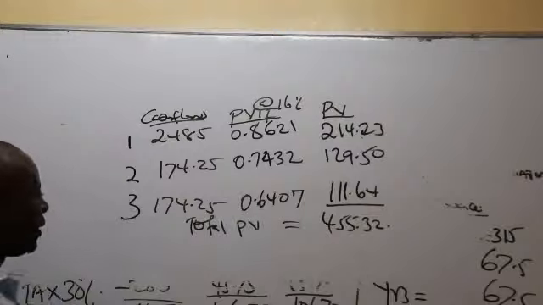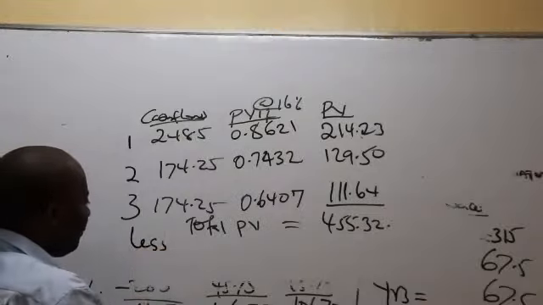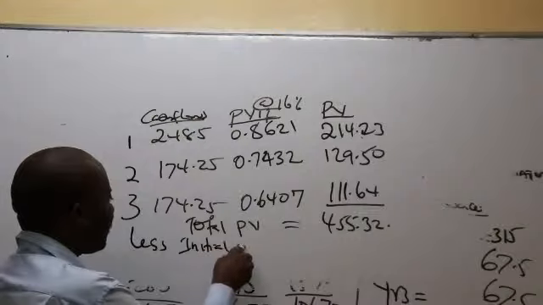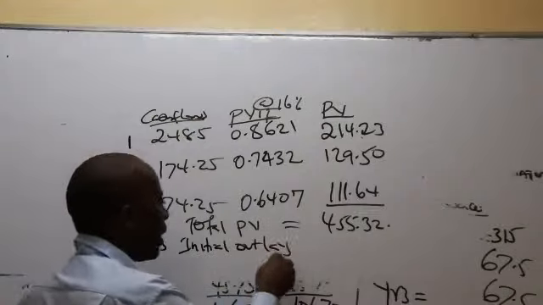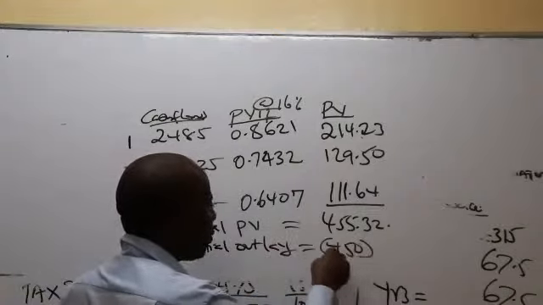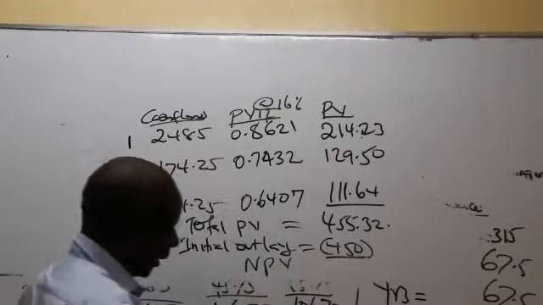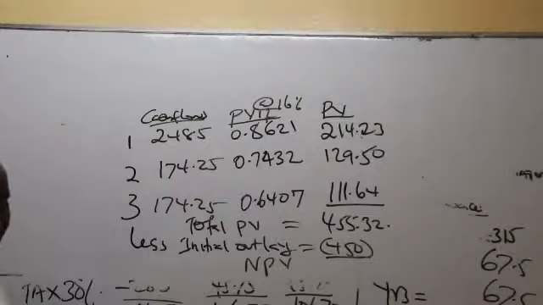We less the initial outlay of 450. So it's attractive. Now you should be able to get the net present value, which is 5.32.